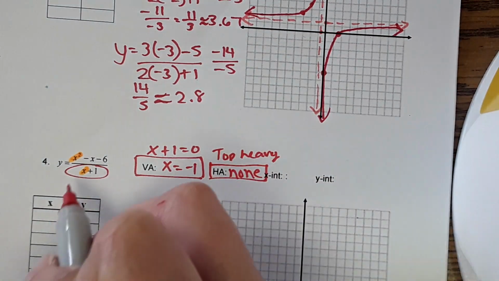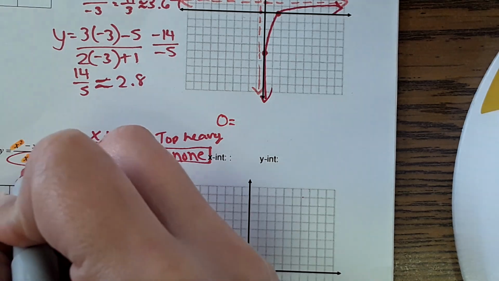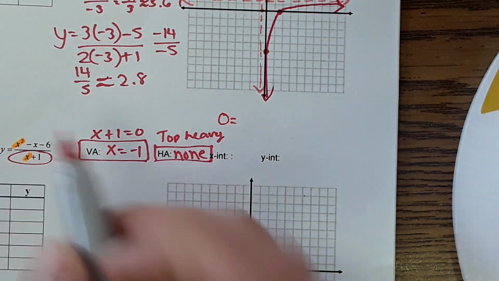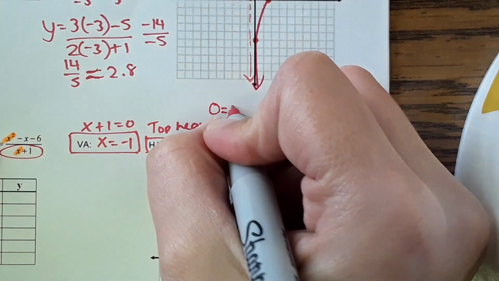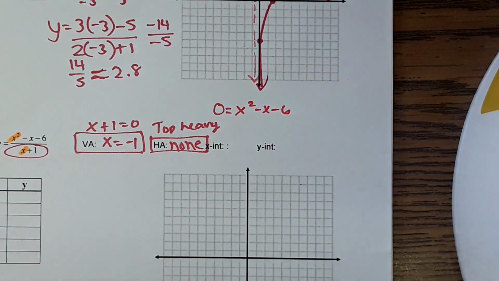Then x-intercept, do it when y equals 0. I'm not even going to write the denominator. I know it's just going to cancel. So x squared minus x minus 6. To solve this for 0, I'm actually going to need to factor it and put the two factors equal to 0.